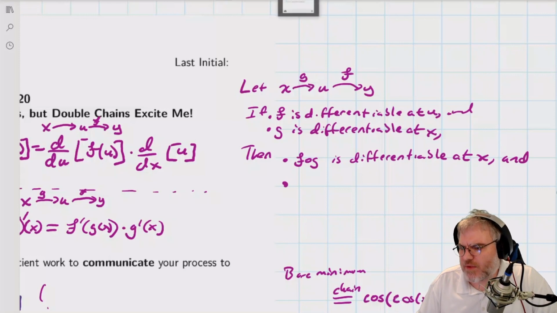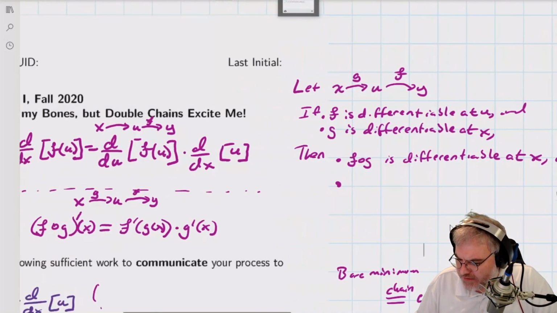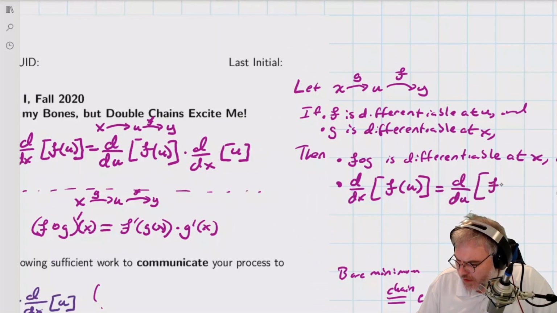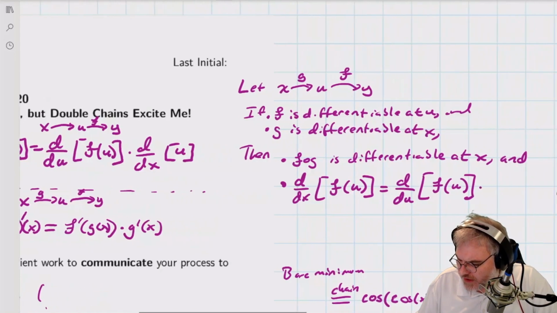this is one of the reasons why I write the little g up there, because now I don't have to write the g of x bit. Okay, I can just write d over dx of f of u equals d over du of f of u times d over dx of u.